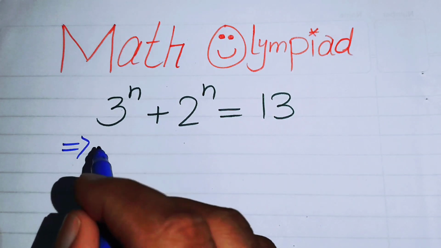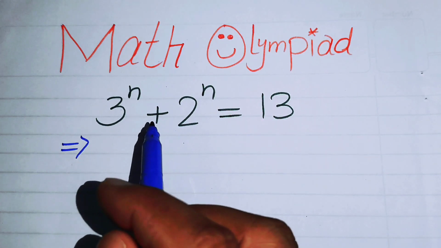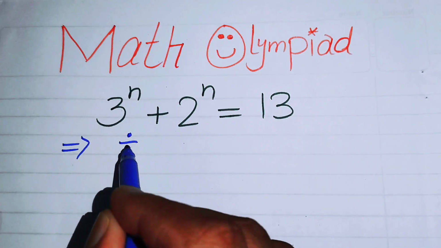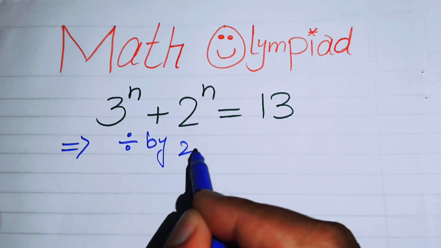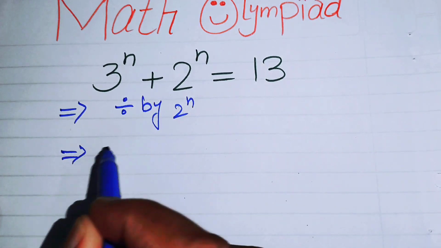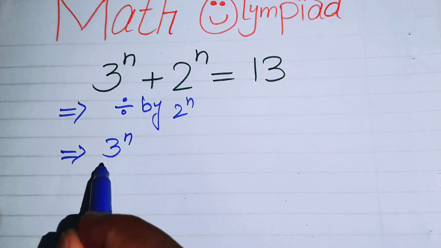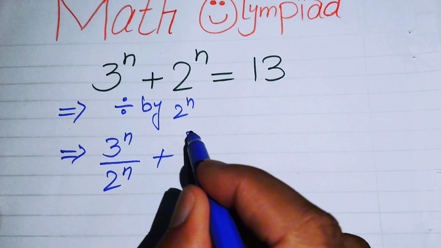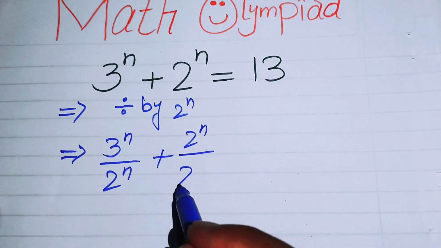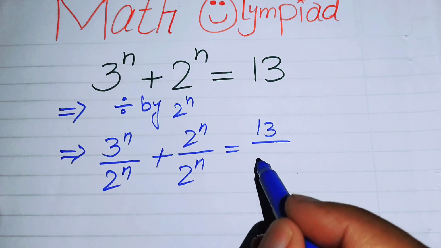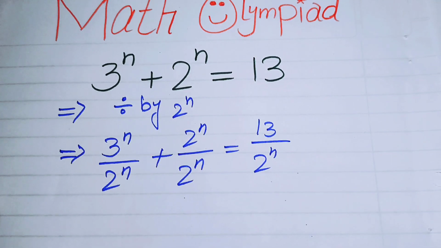first I can divide both sides by 2 to the power of n, so we get the terms in the form of 3 to the power of n over 2 to the power of n, plus 2 to the power of n over 2 to the power of n is equal to 13 over 2 to the power of n.